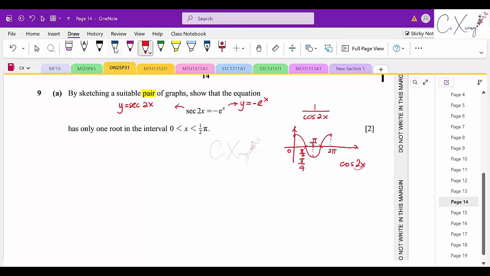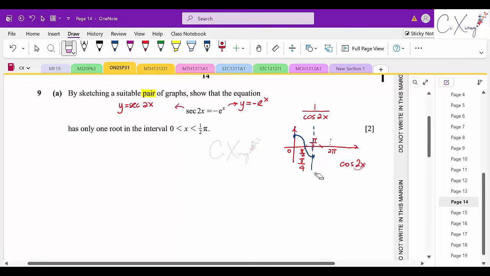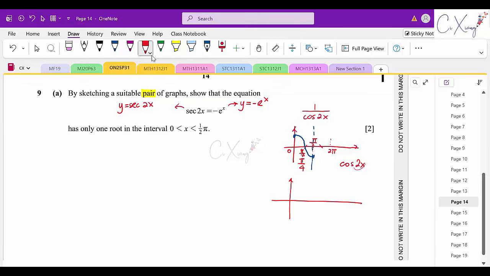And in my question, they only request us to draw this part. The domain that we are considering is 0 to pi over 2. So after I multiply the x coordinates by half, I get my graph ending at pi over 2 at this part. So that means I want to consider my graph until this part only for the cos 2x, between the domain of 0 until pi over 2. Okay, so this is the cos 2x. And if this is cos 2x, when I want to make it 1 over cos 2x, then you need to know some important values here.